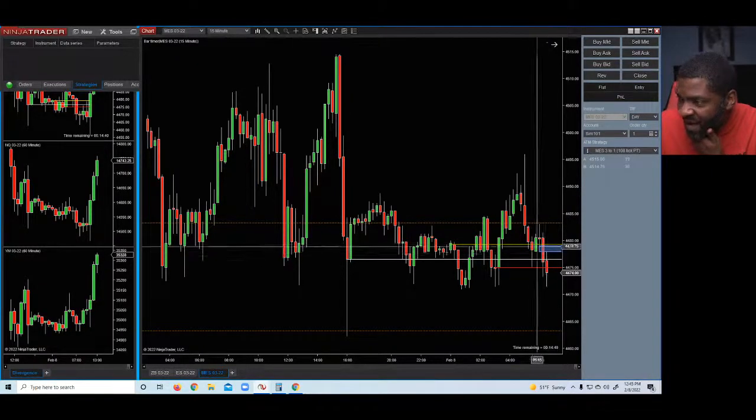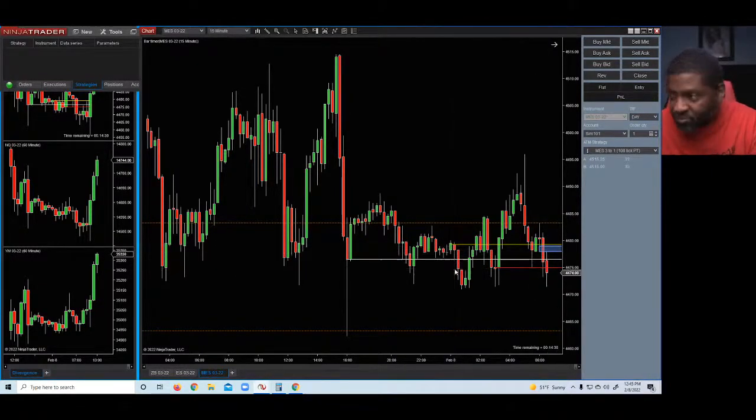And the reason why I highlighted this fair value gap and put it back on the arrow. So the first fair value gap was here, right? And then the second one that I saw was here. And the reason why I highlighted this one over this one was because this one here broke a swing low right here, right?